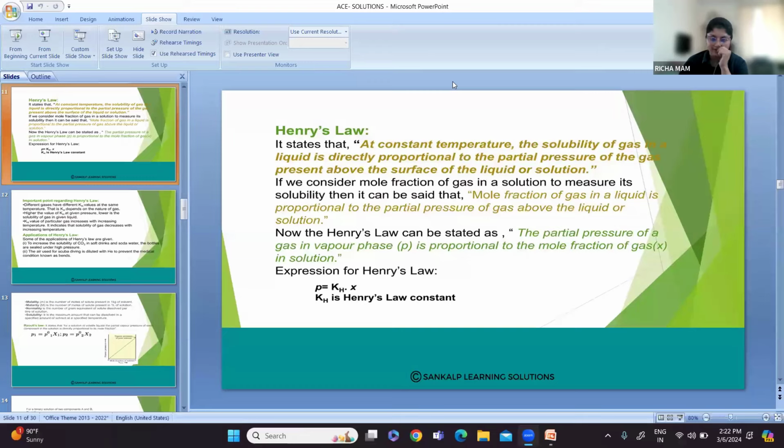Ramya has a question: why does pressure have no significant effect? This is on the basis of solubility of a solid in a liquid, right? Because there itself, it has no effect.